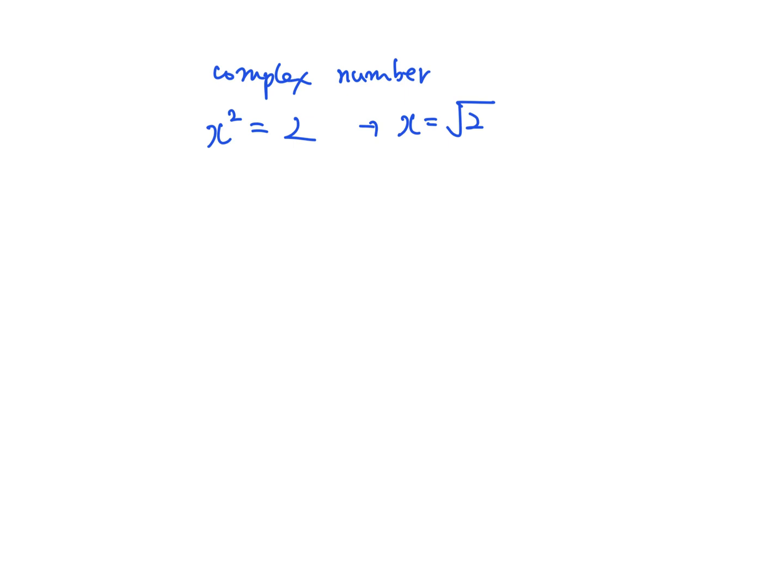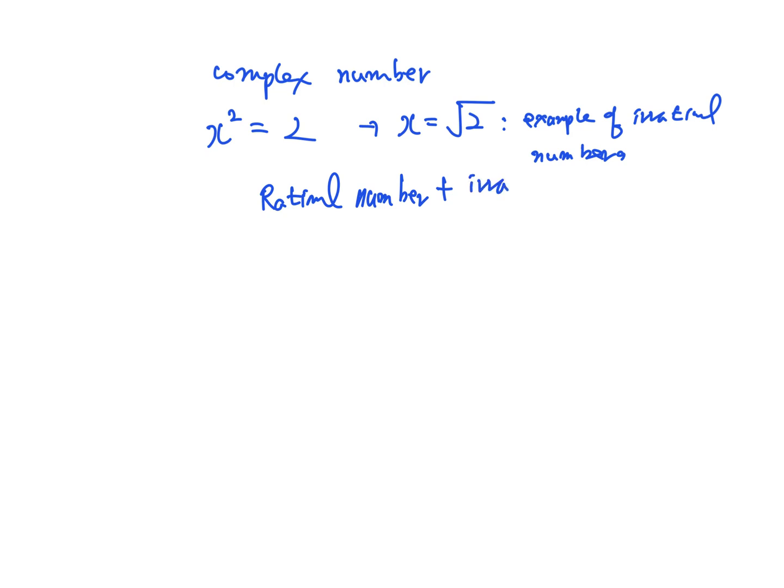So rational numbers plus those square roots, called irrational numbers. This is an example of an irrational number. So rational numbers plus irrational numbers form real numbers. This is our number system.